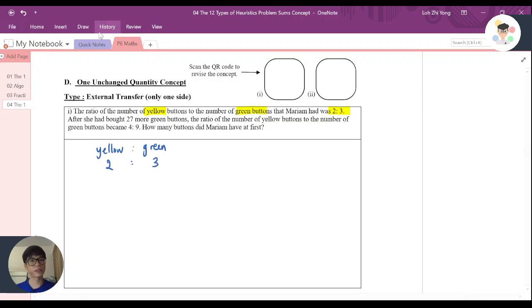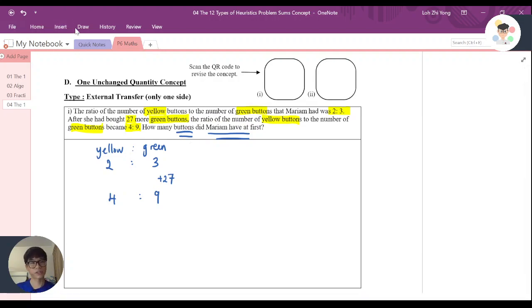After she bought 27 more green buttons, these green buttons should be added 27 more. The ratio of the number of yellow buttons to the number of green buttons now became 4 to 9. And now they're asking how many buttons did Mariam have at first.